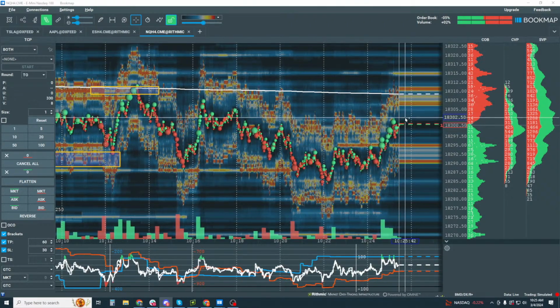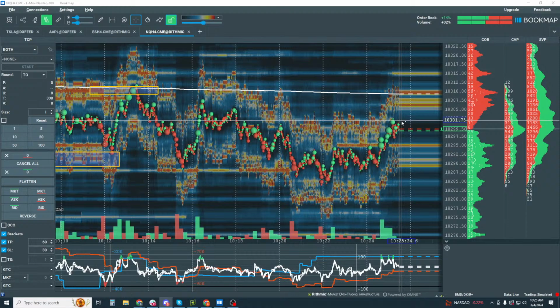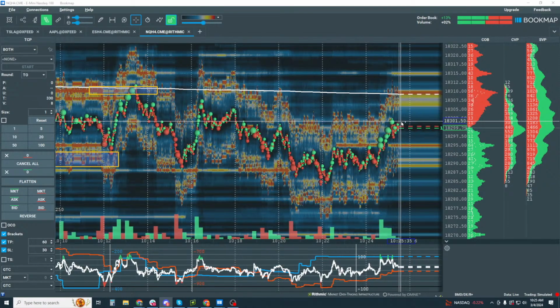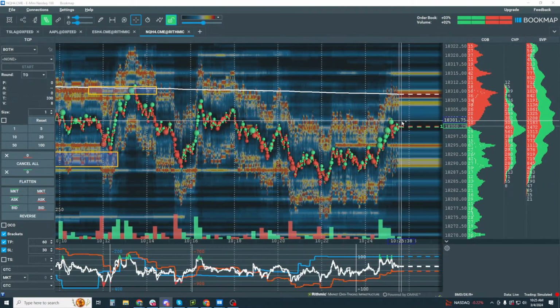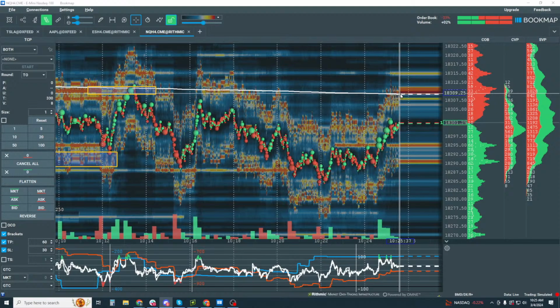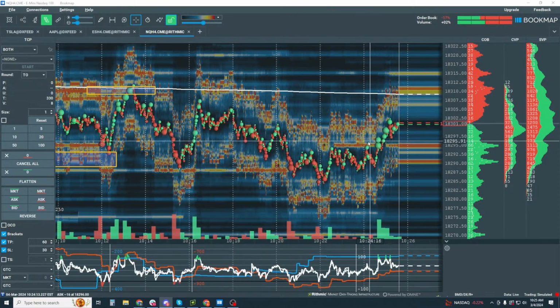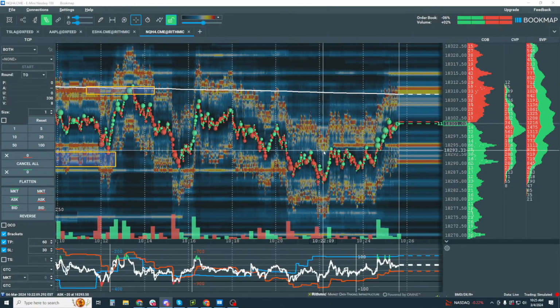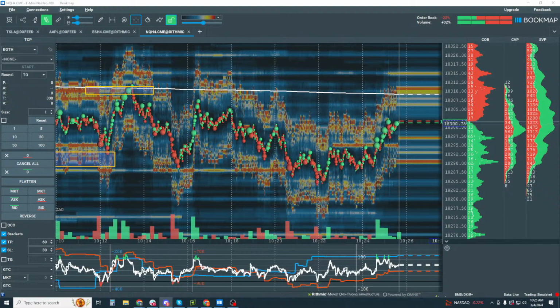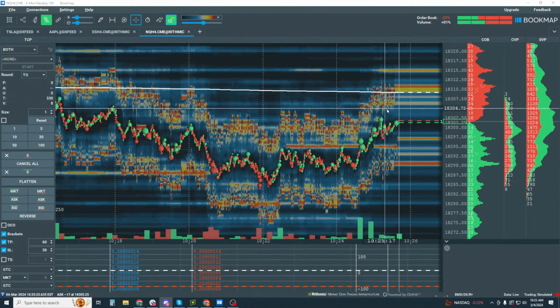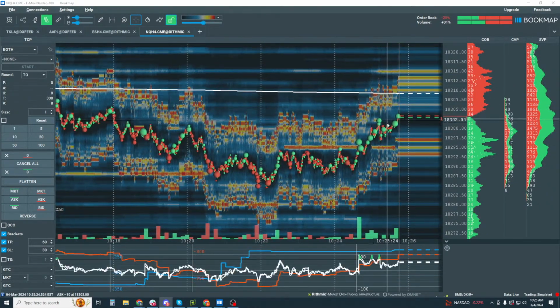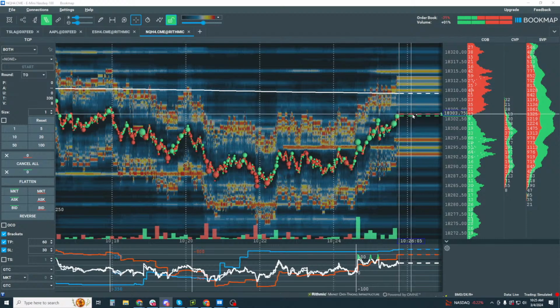I got to see more buyers up here, just at 300 or above, and then we can get that move up into 310 or so. Okay, so this could be potentially like a small continuation pattern right in here, right? That's what I'd be looking for.